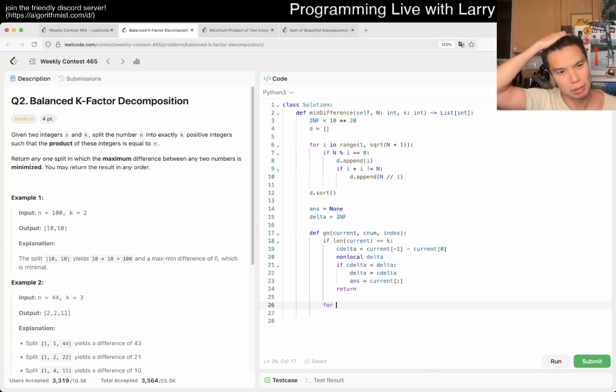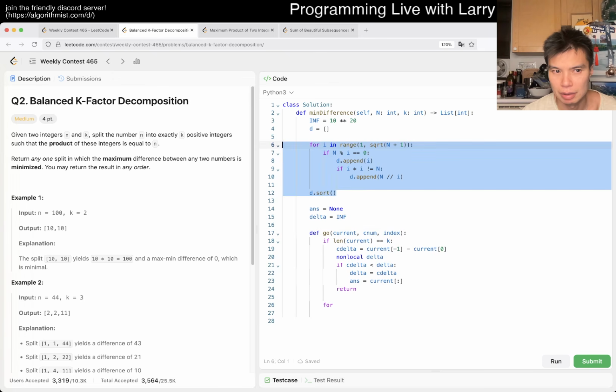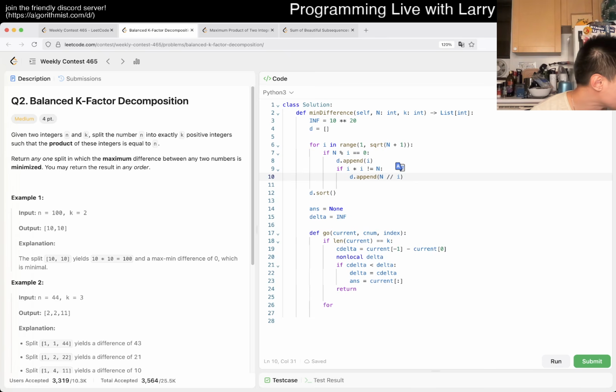A little bit awkward. I feel like I'm making this harder than it is. Trying to do random optimizations in my head when I don't need to. Yeah, I mean, I think we can. Maybe I don't need this. Maybe it's fine.